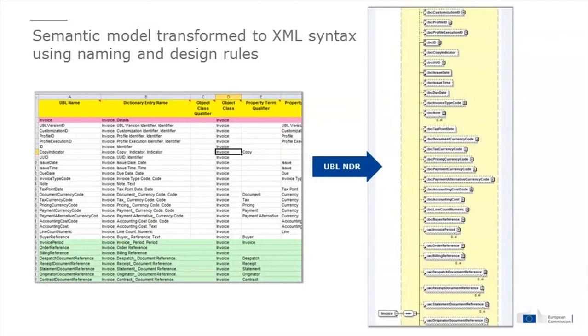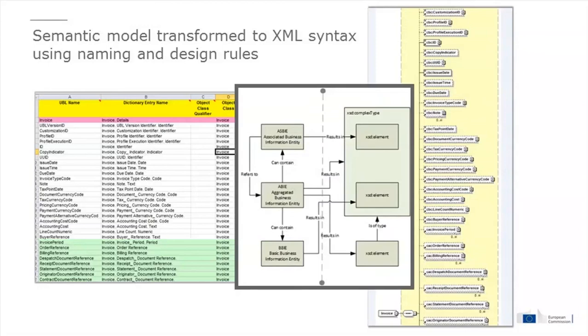So the schemas are never handmade or changed in any way. They are always generated based on the semantic level. And the UBL NDR maps an object in the semantic level to, perhaps, an element in the XML schema, and so on. So this is the background or the methodology used.